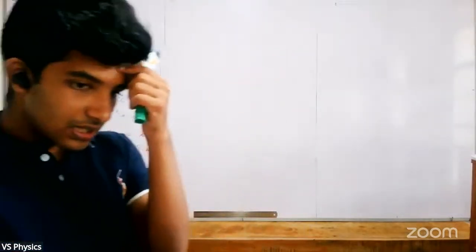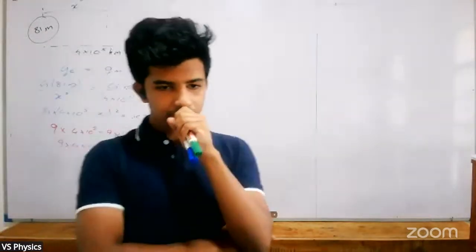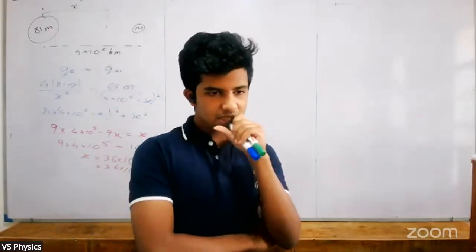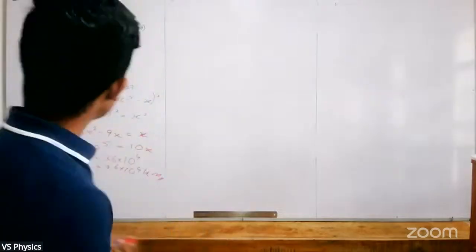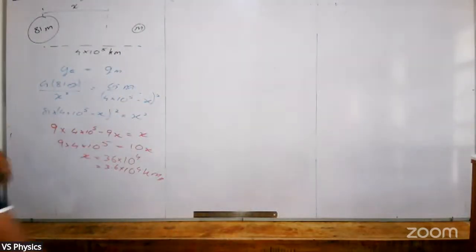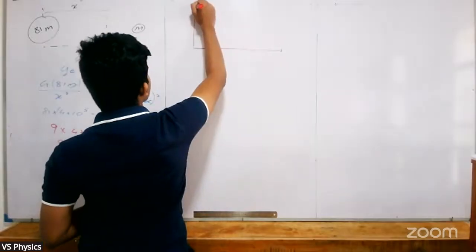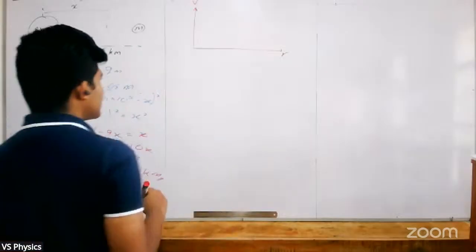Draw a rough sketch showing the variation of velocity of a spacecraft through the journey when it is launched at a velocity v. Velocity versus distance graph.